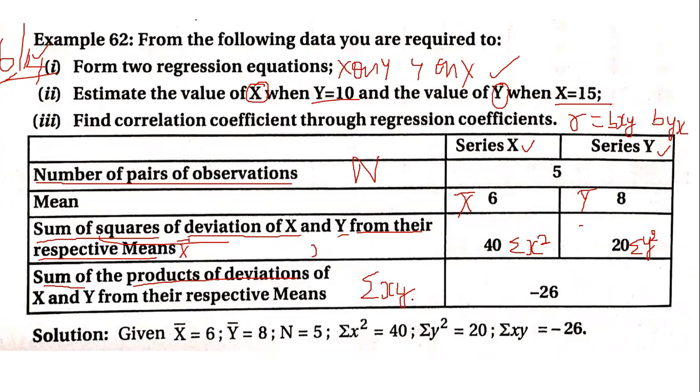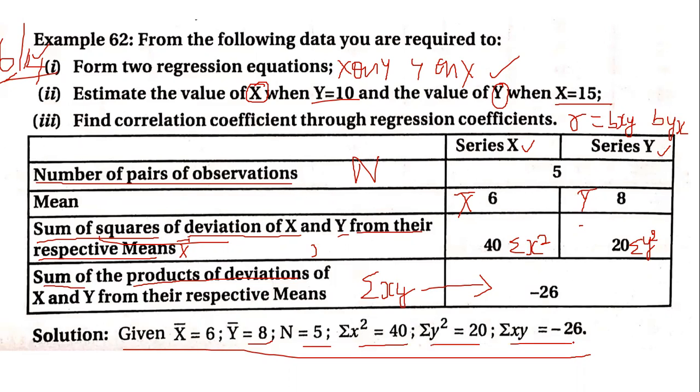So sigma xy is nothing but minus 26. If you are able to analyze the data here and write it in this format, then it is very, very easy to solve any problem. So we have x bar as 6, y bar as 8, n is equal to 5, sigma x square is 40, sigma y square is 20, and sigma xy is minus 26.